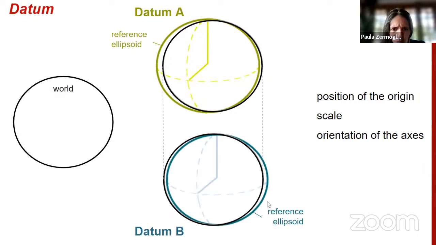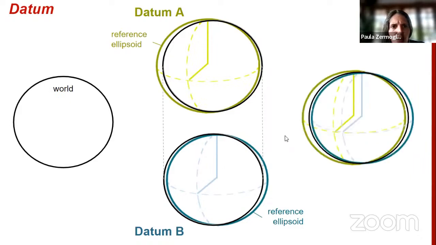And so if you look at this, since the reference is moved, even though the real world is the same, the position of different coordinates will be different between different datums. You see here that they are displaced one from the other. There are different representations of the Earth.